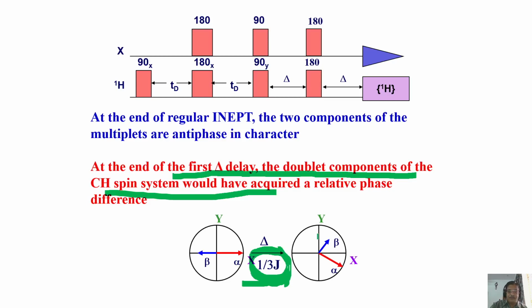If it is 1/4J, it comes here; 1/2J, it comes here. With 1/3J, somewhere here, the magnetization has moved away. Two components, beta and alpha, start from here and move like this, and after some time you will see they have acquired a phase difference.